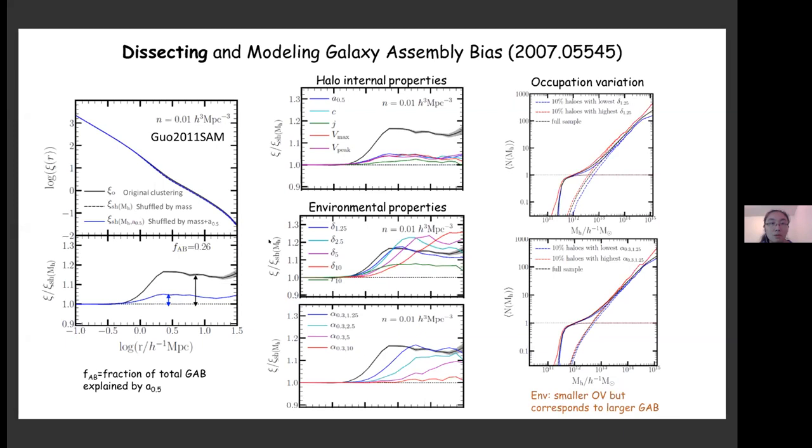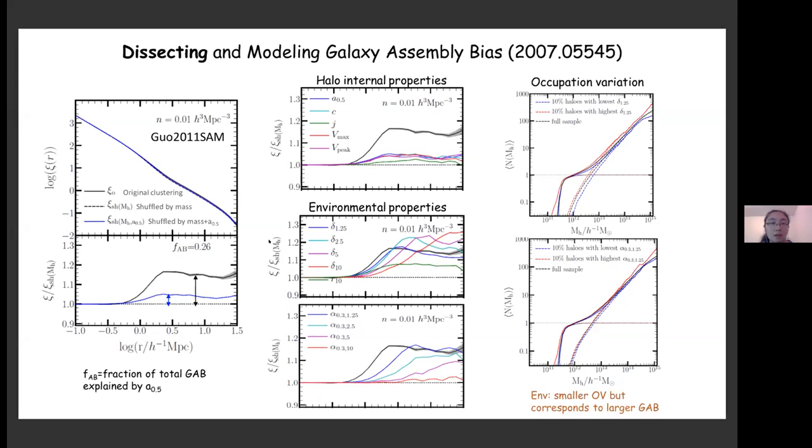So if we want to separate the contribution from only one secondary property, for example, the halo age, then we replace the original clustering in the ratio by the clustering of the shuffled sample, which shuffles the galaxies at both fixed mass and fixed age.